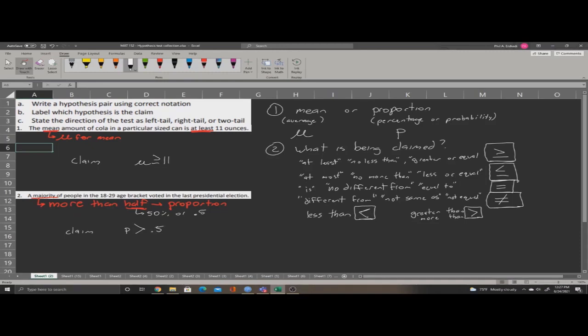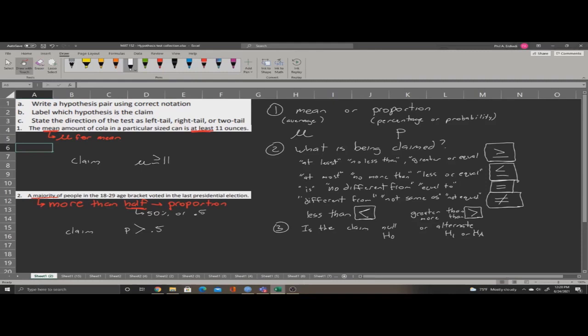Now the third question we ask ourselves is, is the claim null or alternate? We label the null with H0. We label the alternate with H1 or, in some textbooks, HA. You might see either one of these.